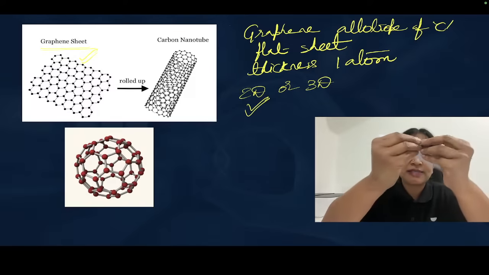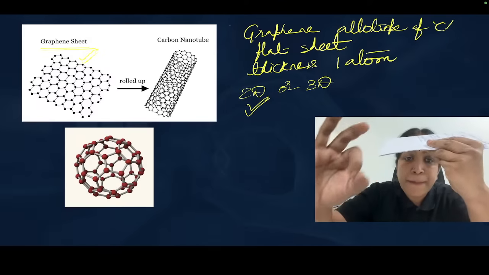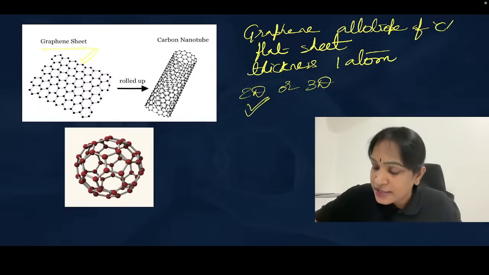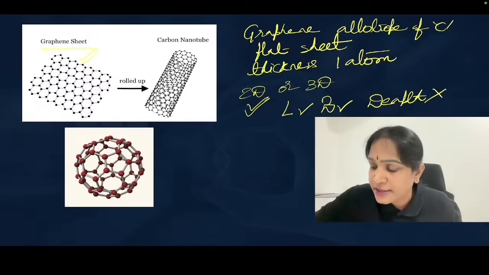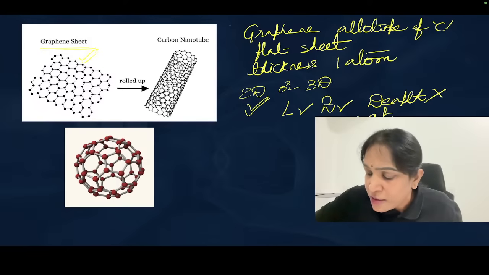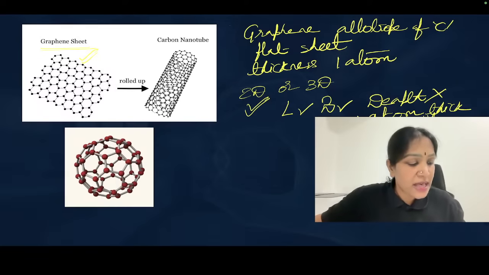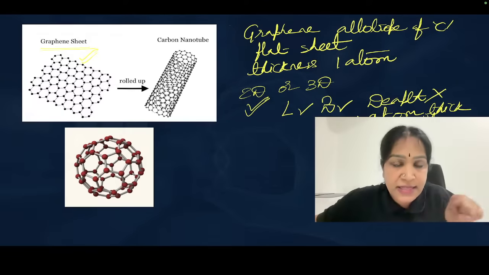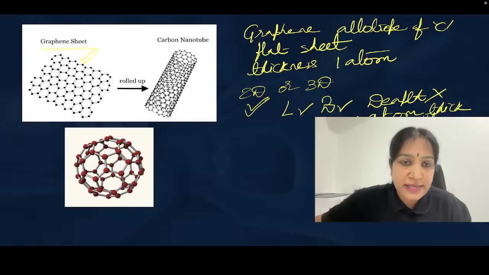But thickness is negligible, one atom thickness. So it means depth is not there. Is it clear? Therefore, it is having only two dimensions. Length is there, breadth is there, but not the depth or thickness. I hope it is clear.